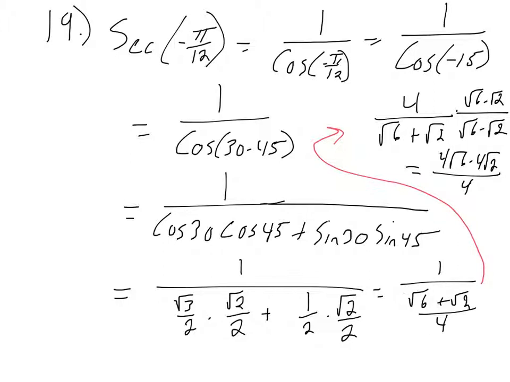That will just give us square root of 6 minus square root of 2 when it's all said and done. So there we go. Square root of 6 minus square root of 2 for secant of negative pi over 12.